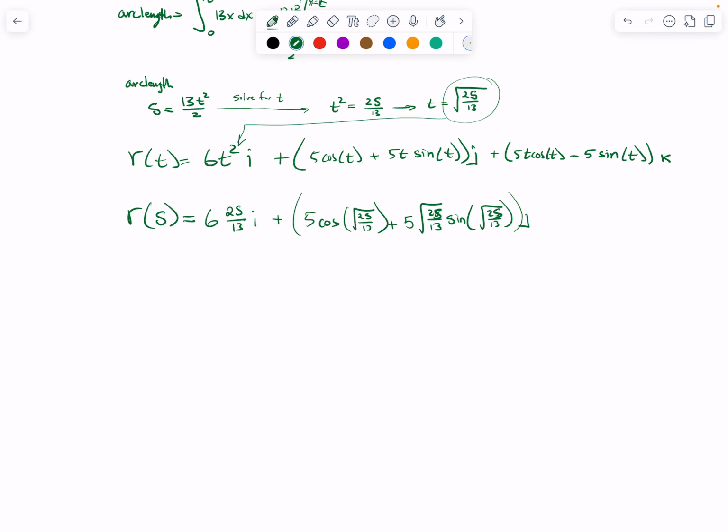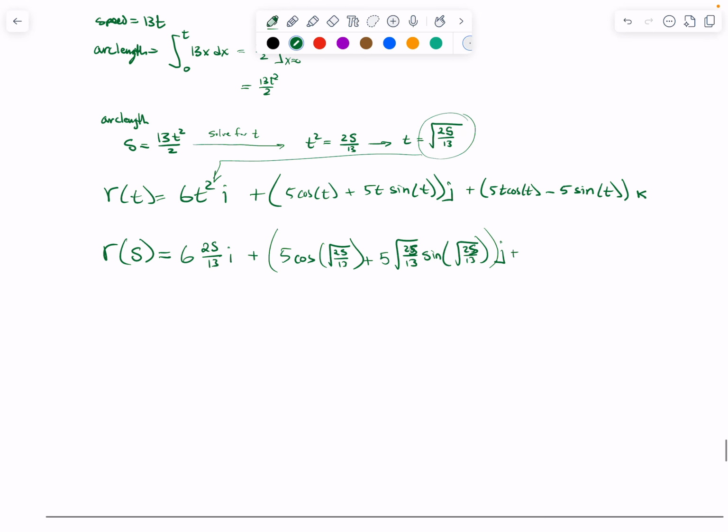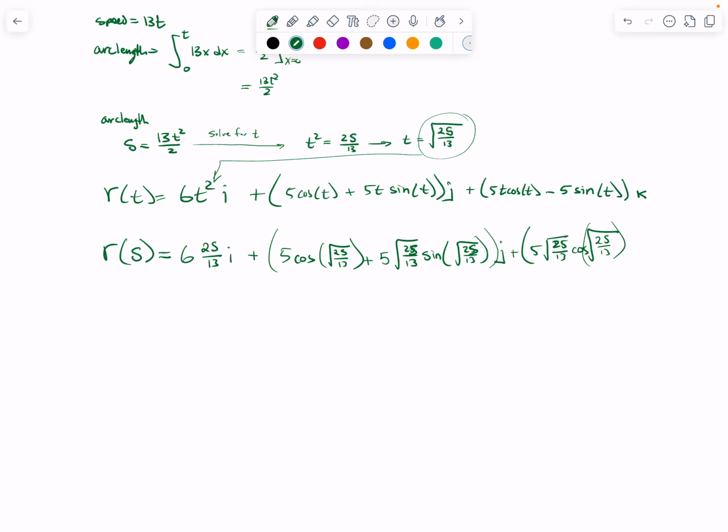Okay, that's times j. Then 5 times the square root of 2s over 13 times the cosine of 2s over 13. And then finally this, and that's times k.